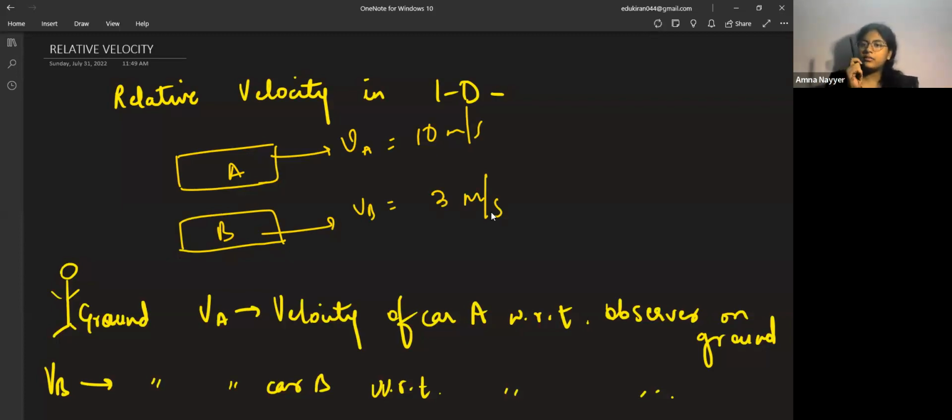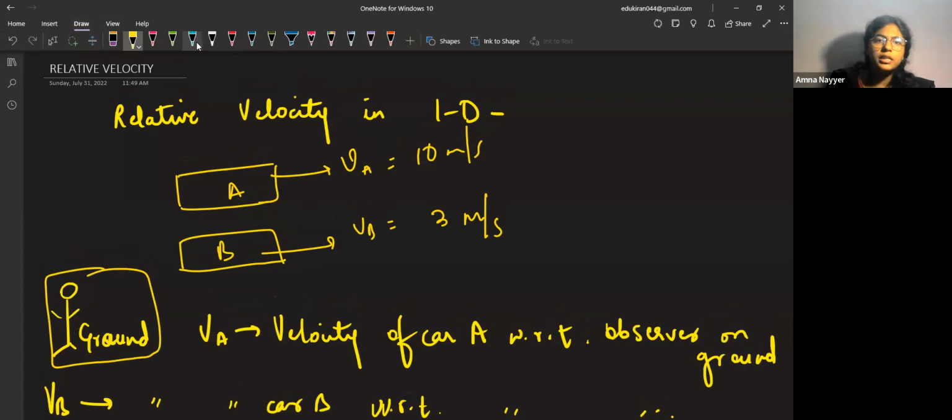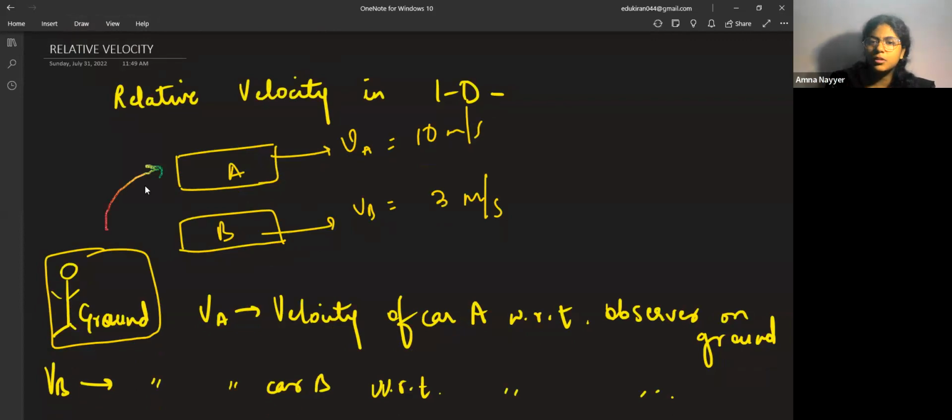If a person observes the velocity from the ground, this is the person, observing from here, then we say this is the velocity of the car with respect to the observer. This is what you have to understand: with respect to what? The rest of it is just subtraction.